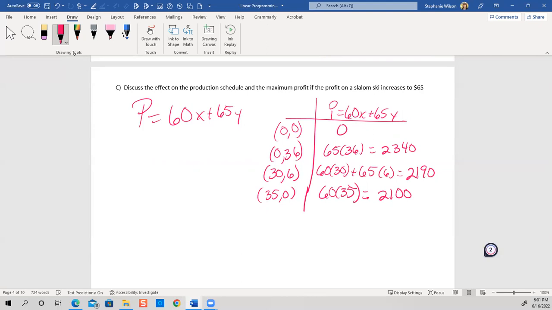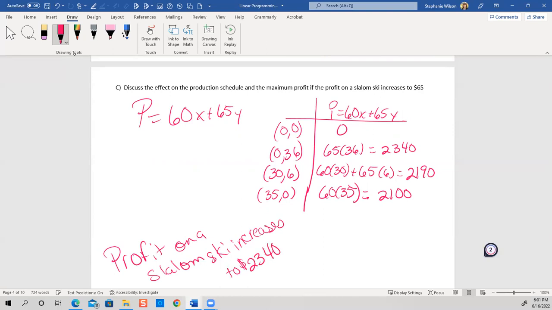And now what do I have? The profit here on a Solemn, when it increases to $2,340, we have a maximum.